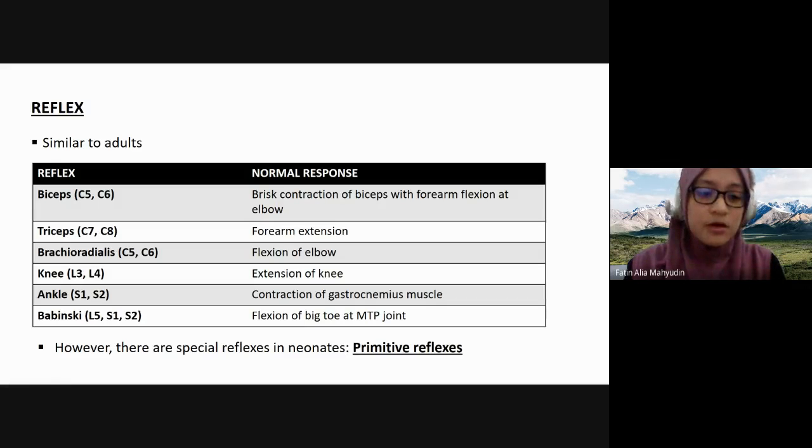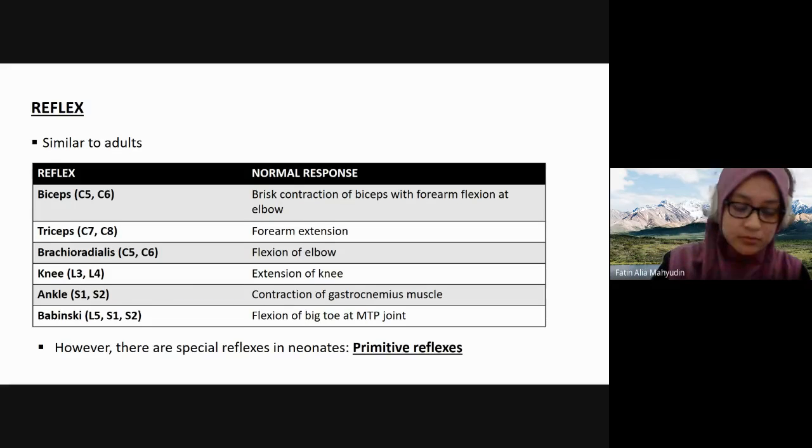For children younger than 1 year old, the Babinski reflex that we would consider positive, the fanning, is actually a normal response. So remember, the normal Babinski response can only be seen in children older than 1 year old, so that we don't get false positives for younger children.